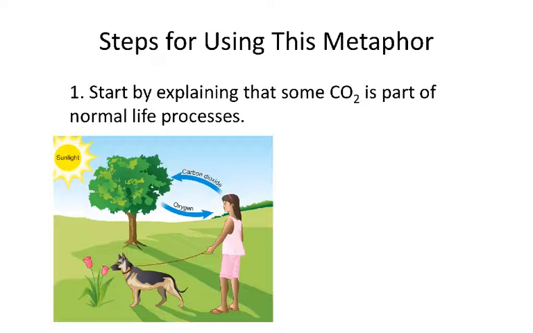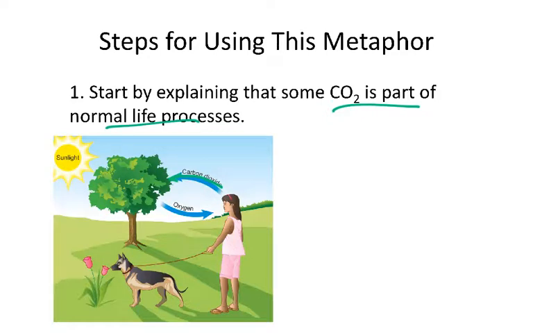They do that by using carbon dioxide that is released from other organisms like us when we are doing cellular respiration. We're producing carbon dioxide that the plants, like the trees, are using for photosynthesis. So some carbon dioxide is indeed a part of normal life processes.